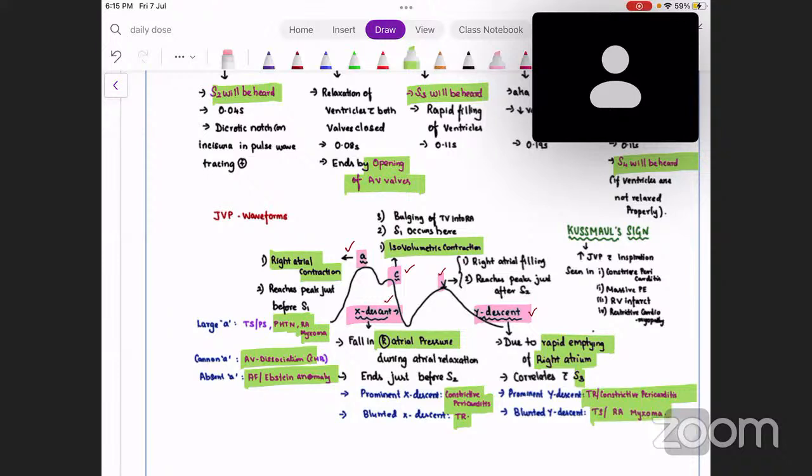Apart from that, you have to know one important sign called the Kussmaul sign.